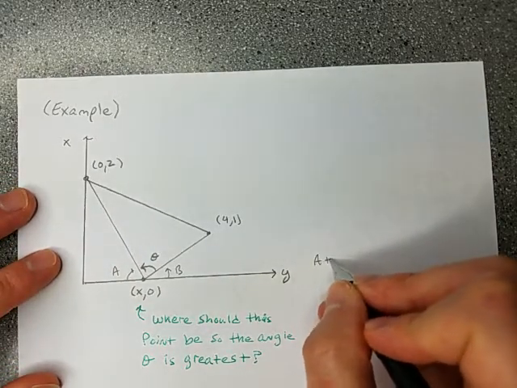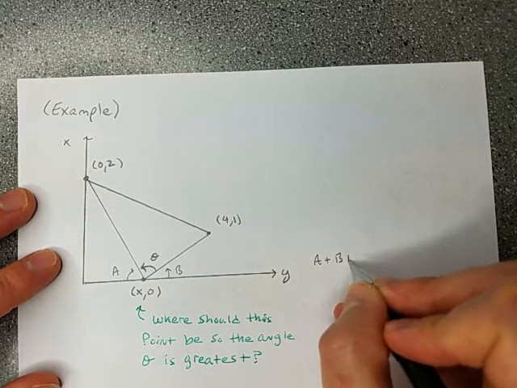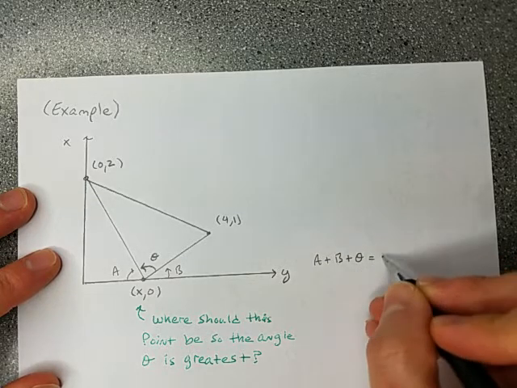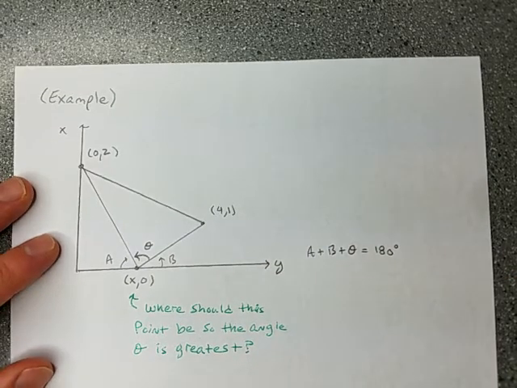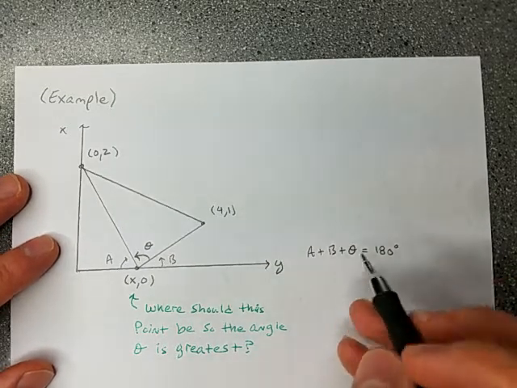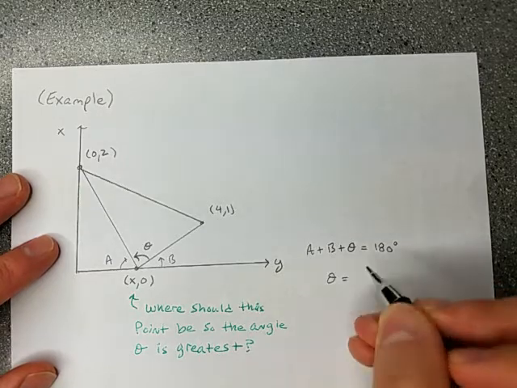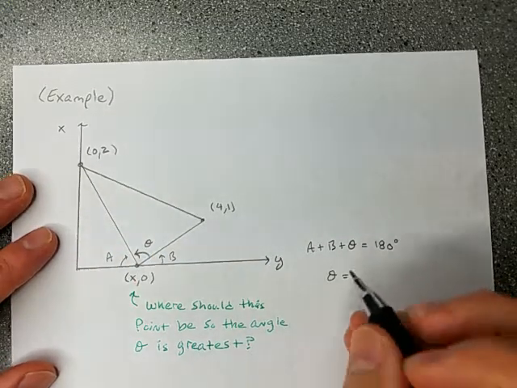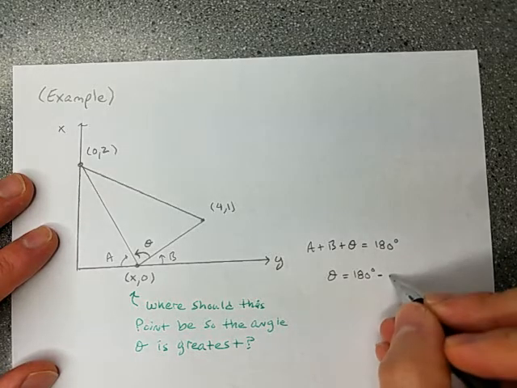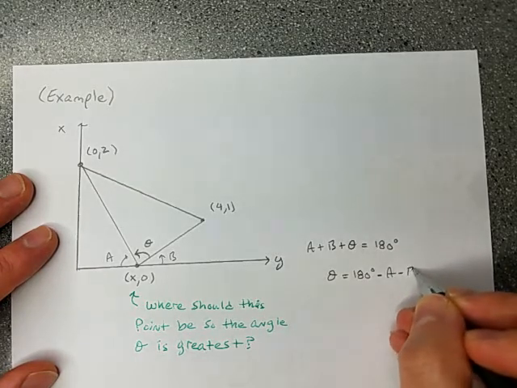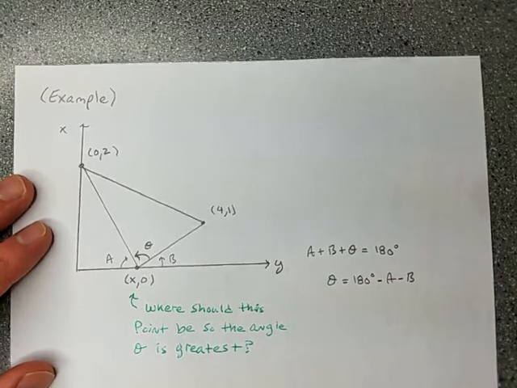Angle A plus angle B plus theta is 180 degrees. That's true. So I can put theta in terms of other elements of this picture as 180 degrees minus A minus B.